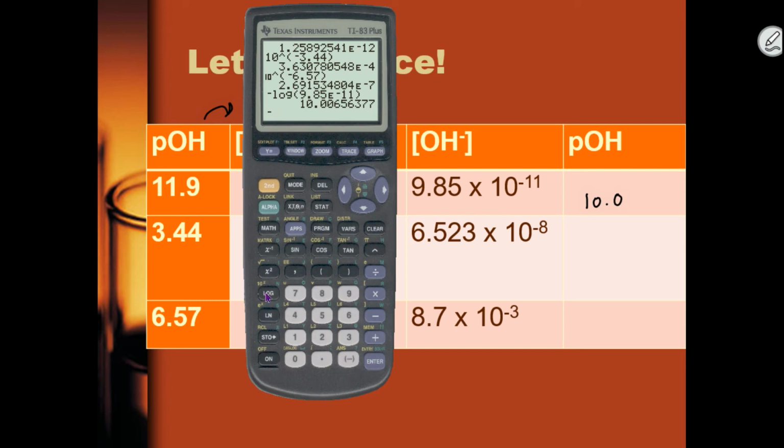And then negative log of 6.523 E negative 8, which gives me 7.186. And then one more time, negative log of 8.7. Notice how I don't turn this negative. Second log to the negative 3. And 2.1 for our pH.